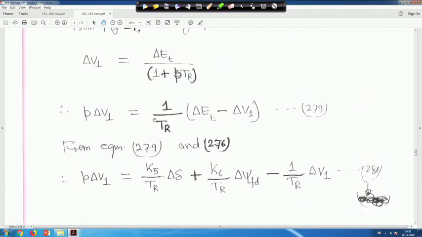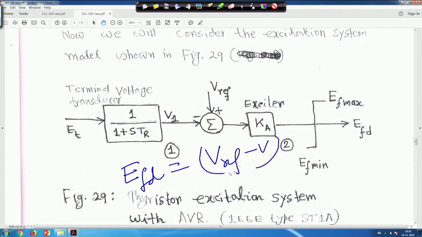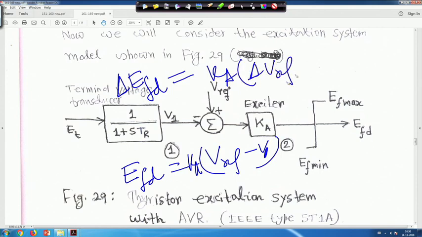Now, next you come back to this equation, right. Now, EFD, forget about that min max limiting value, in general you write that your EFD is equal to your V reference minus V1, into that K. Now, if you take the small perturbation, then it will become delta EFD is equal to Ka, then delta V reference minus delta V1, right.